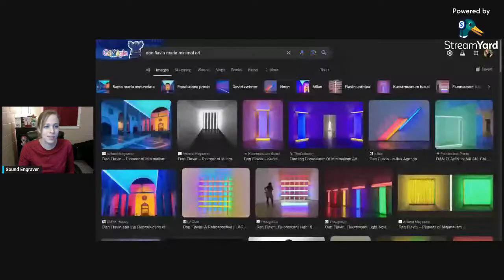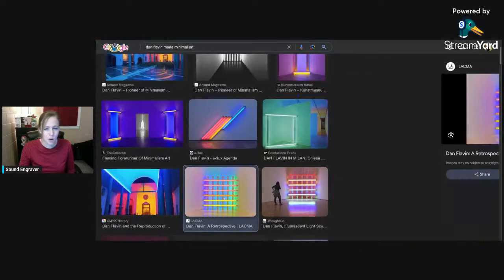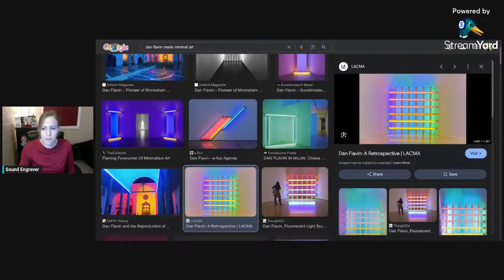Share. It's colorful. See how colorful it is? It looks great. I will say I'm impressed. Very simple, a lot of different colors. I think this is one of his more famous pieces, where it's just a grid with a light in a corner.